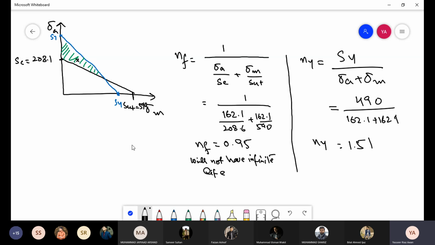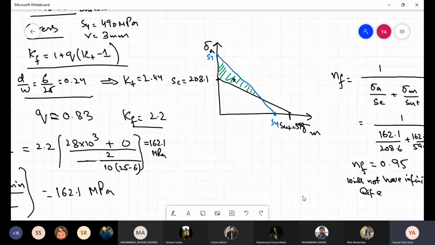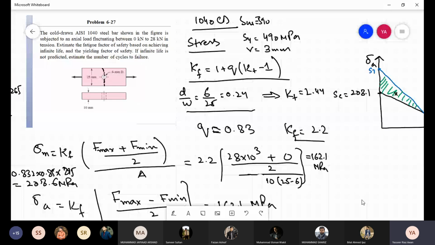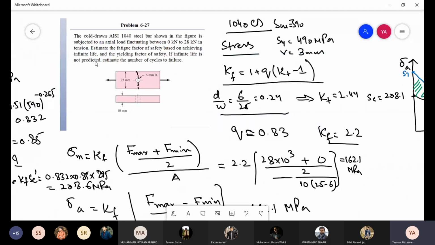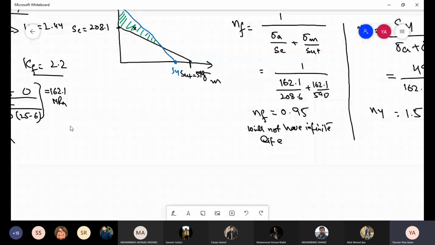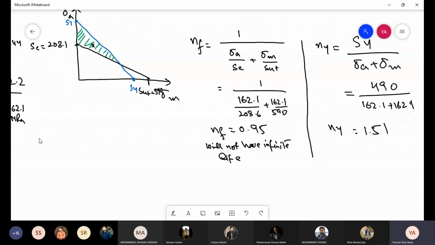So now if we look at our problem statement, it states that if infinite life is not predicted, we have to estimate the number of cycles to failure. Okay. Now how do we do that? How do we estimate the number of cycles to failure?